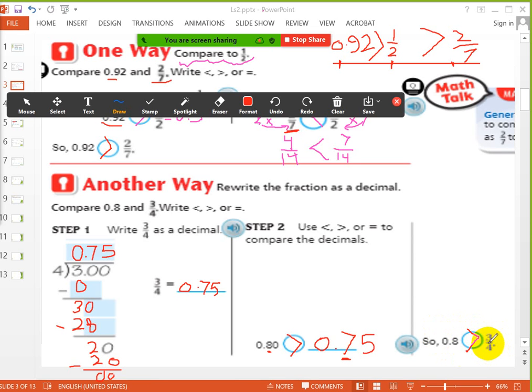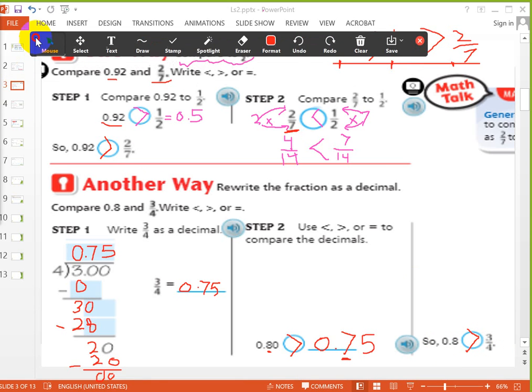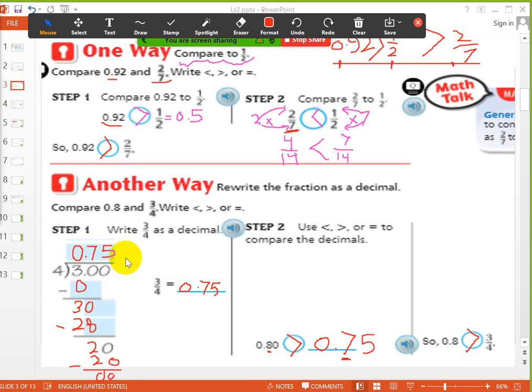Okay, girls? If you finish, please type 1 in the chat box. What thing you don't understand, Asma, please? Which step, please, Asma? Specify.